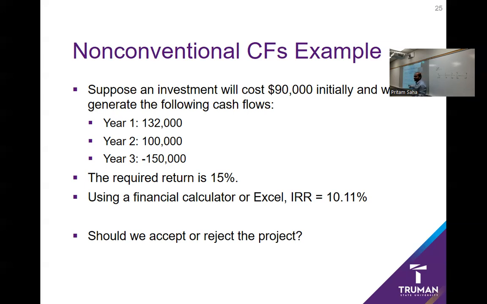IRR, right? So basically the idea is for these projects, how many IRRs are we getting? More than 1, right? So now you tell me, if your required return is 15%, accept or reject?